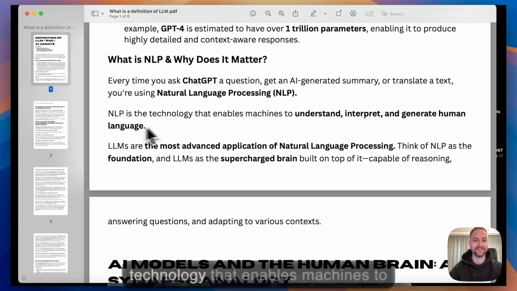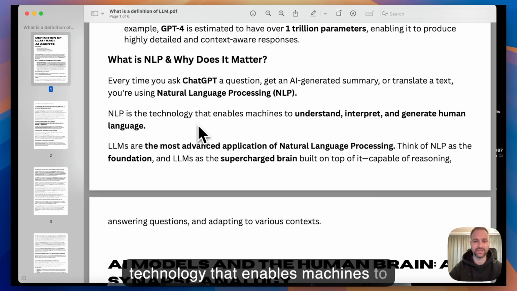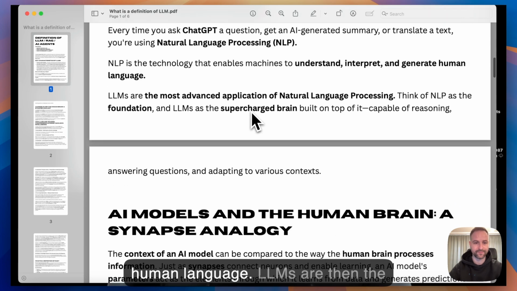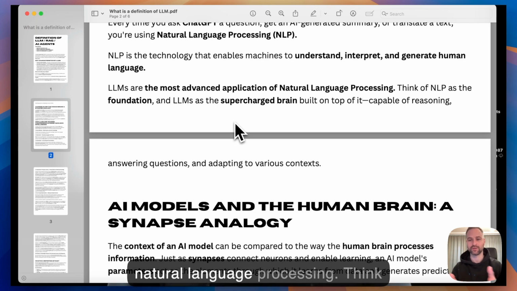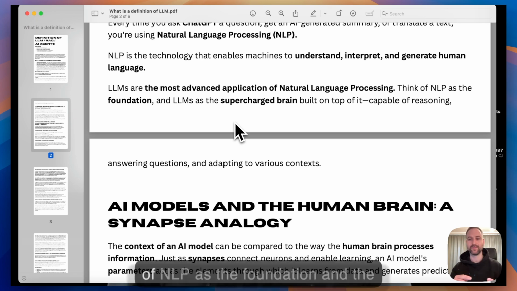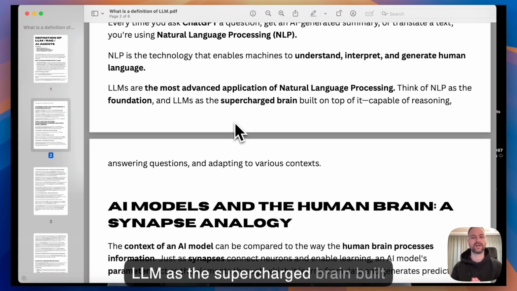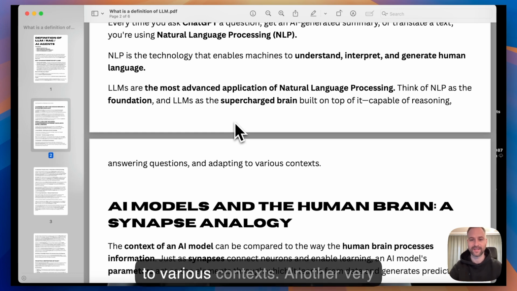So NLP is the technology that enables machines to understand, interpret, and generate human language. LLMs are then the most advanced application of natural language processing. Think of NLP as the foundation and the LLM as the supercharged brain built on top of it, capable of reasoning, answering questions, and adapting to various contexts.